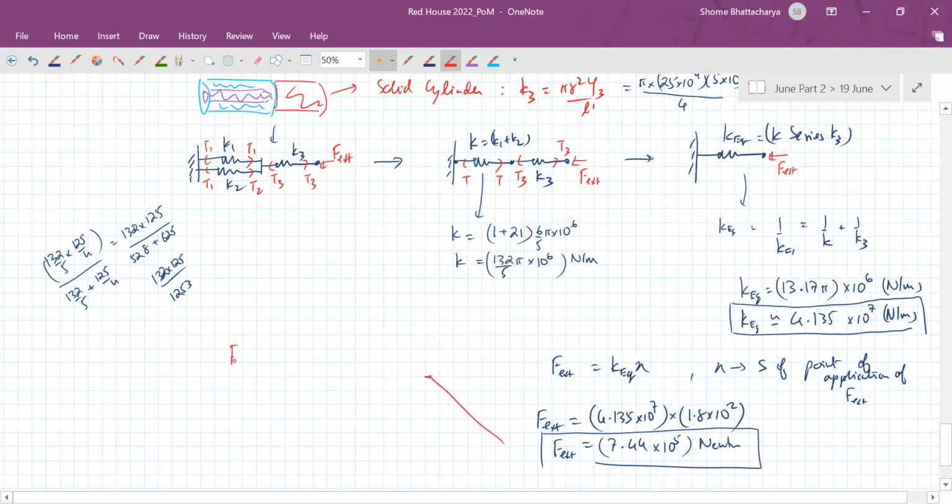So this external force is equal to T3, which is equal to T1 plus T2, where x is the common displacement of 1 and 2.